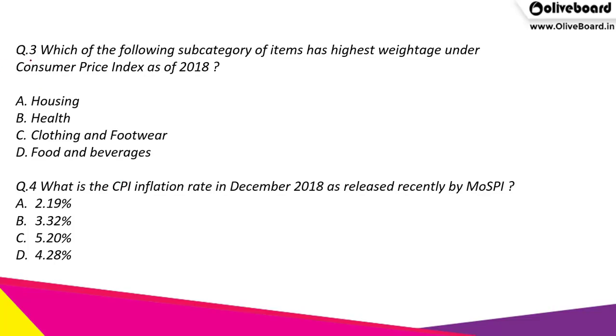Now, which of the following subcategory of items has highest weightage under Consumer Price Index 2018? We just discussed housing, health, clothing and footwear, food and beverages. So what is the most important item? If you analyze, what do you think is the most important item needed by consumers, needed by humans?